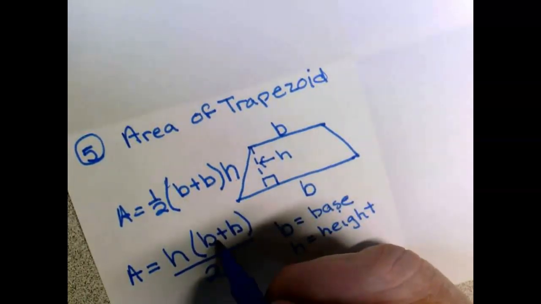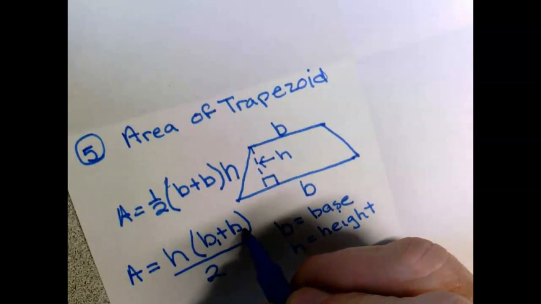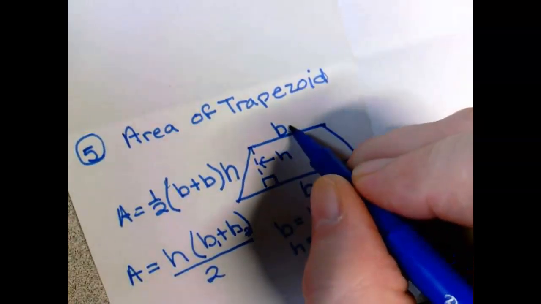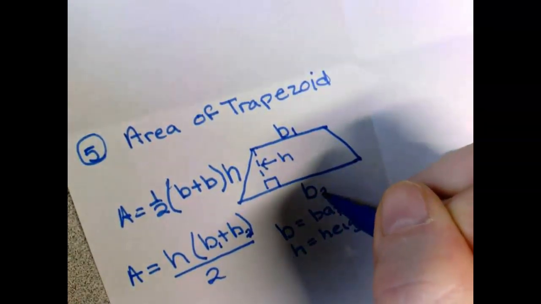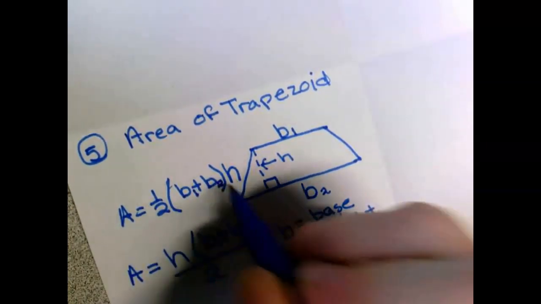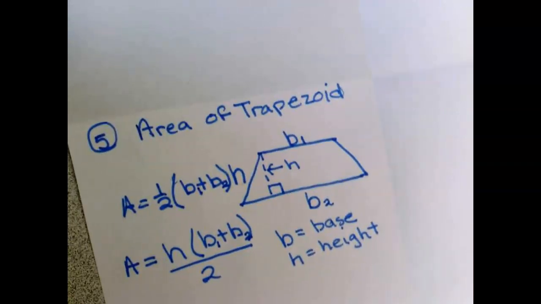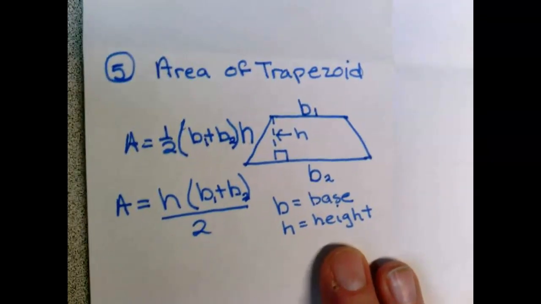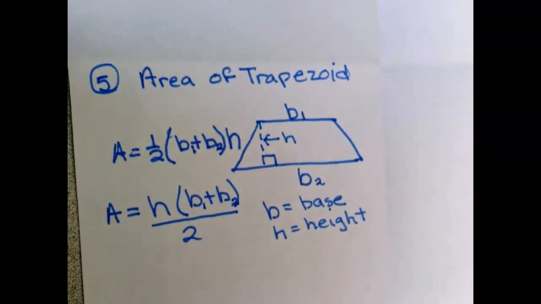And I'm going to put a little sub 1 and a sub 2 in here, that's what I forgot, just to show that these are different bases. Those little things at the bottom. Okay, so go ahead and stop the video and you can write this down on your paper.